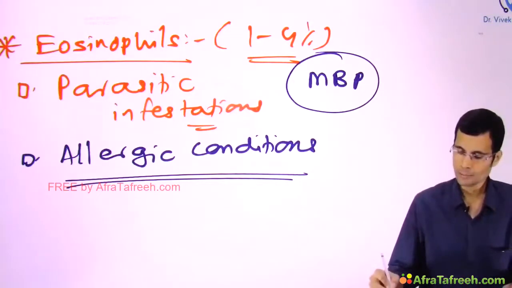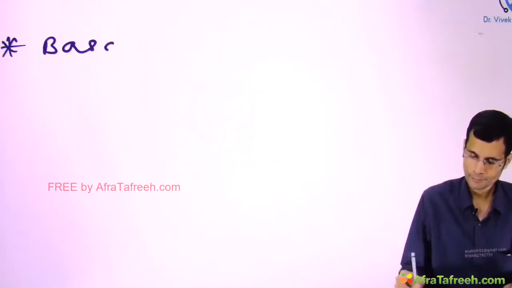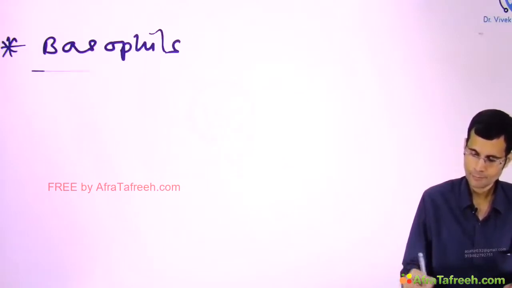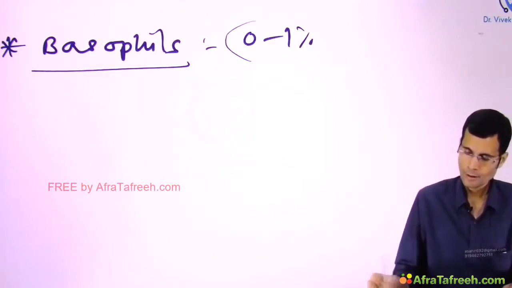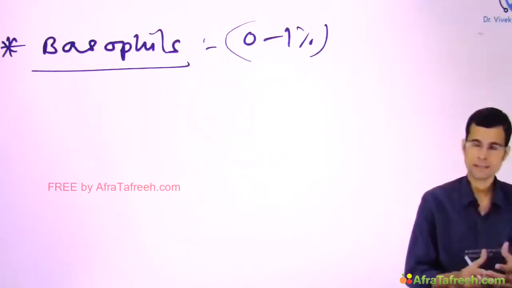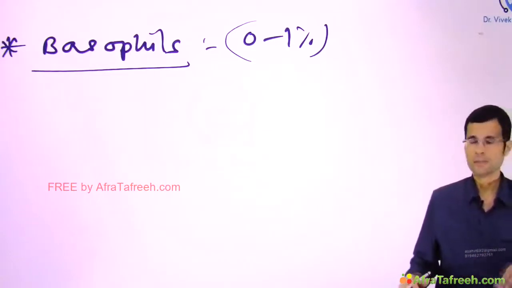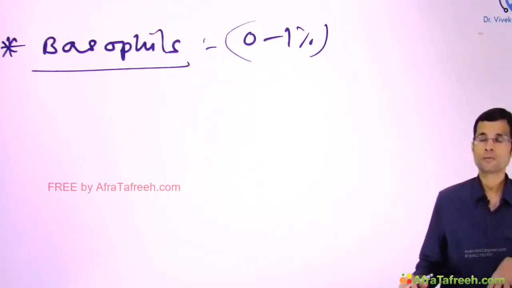Next, basophils, only about 0 to 1%. They synthesize and secrete heparin and histamine. Even basophil count is known to increase. It's not common to have increased basophil count.